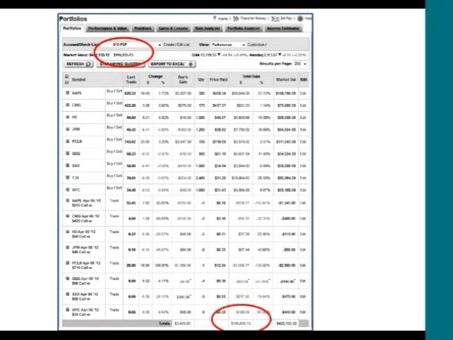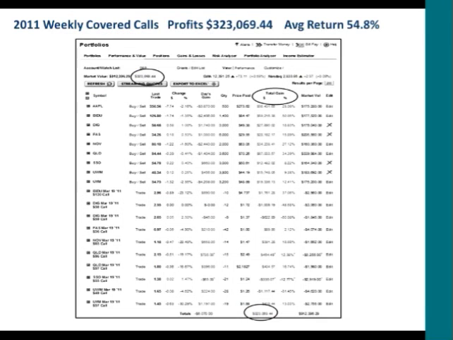Here's the second account, and here's a snapshot of last year, March of 2011. I was trading these weekly covered calls, and this snapshot shows in this account I had $323,000 open trades, average return of 54%.